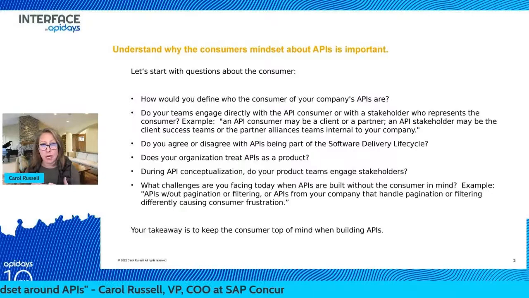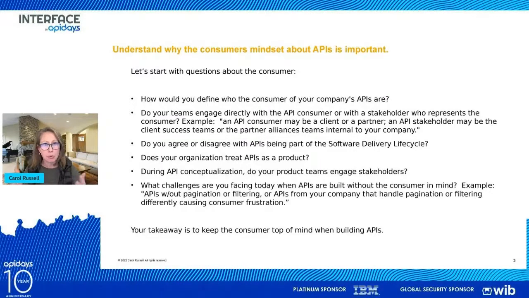If your partners are trying to interact with different products and bring the data together across your different products, now they're having to interact with the APIs in a different way. That can be really challenging for the consumer, the person on the other end trying to pull that information in. So your takeaway: just keep the consumer in mind when you're building APIs.